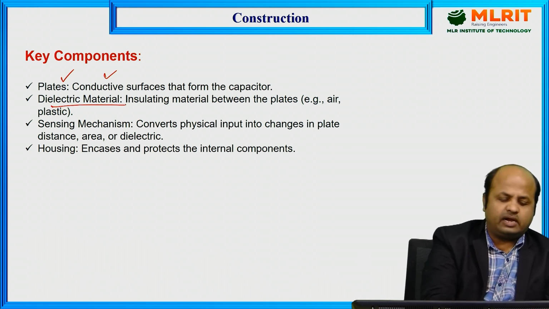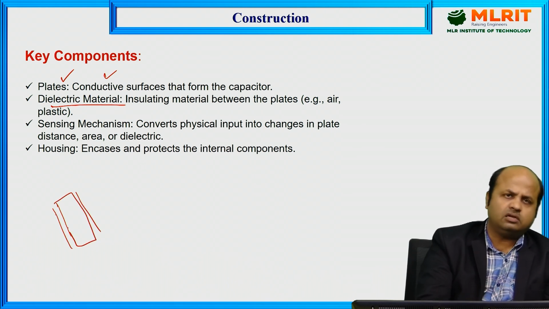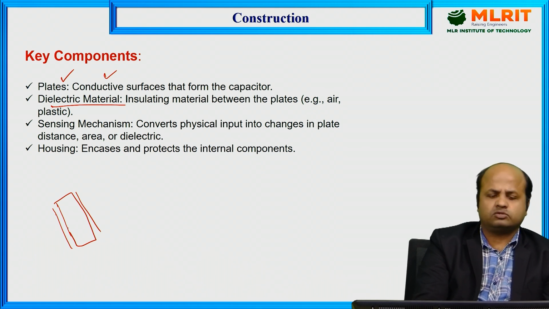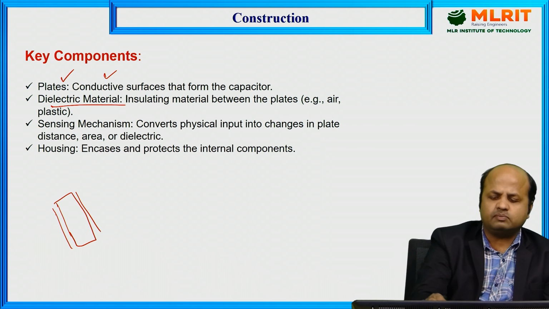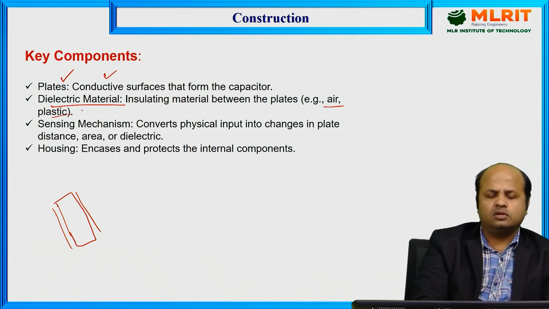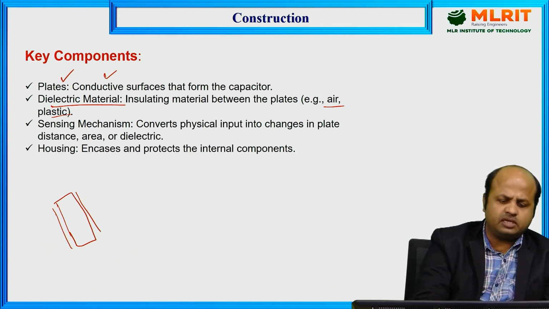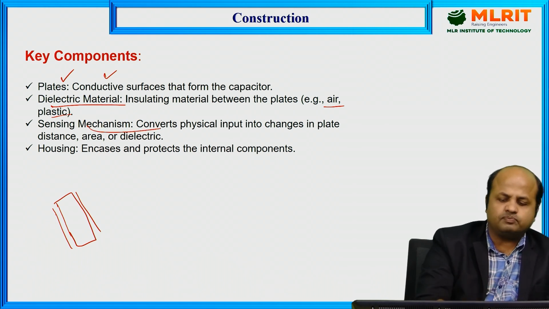As we know, in a capacitor we have two plates and between the two plates we have dielectric material. So the second requirement is that we should have a good dielectric material. It may be air or it may be some plastic materials. So plates, dielectric material. The third thing is the sensing mechanism.